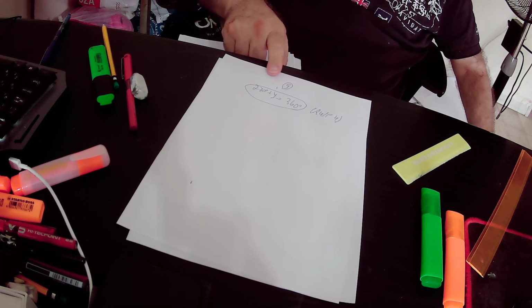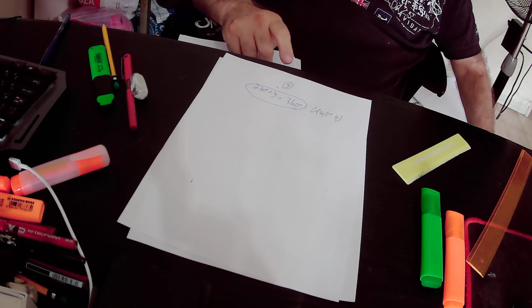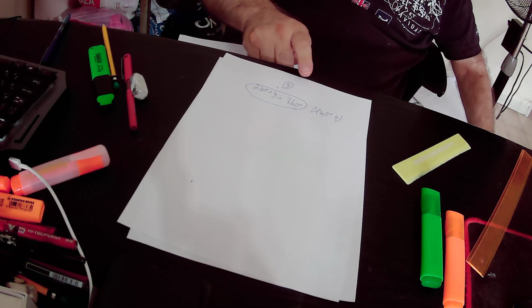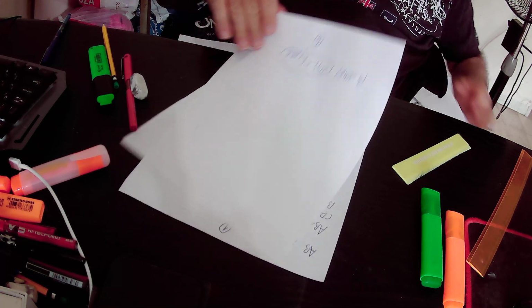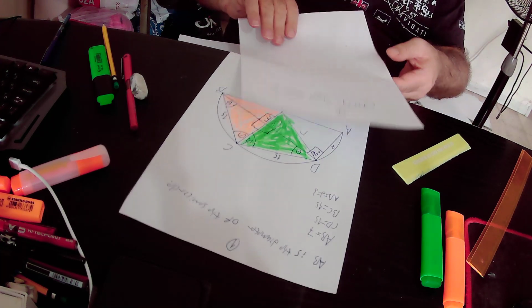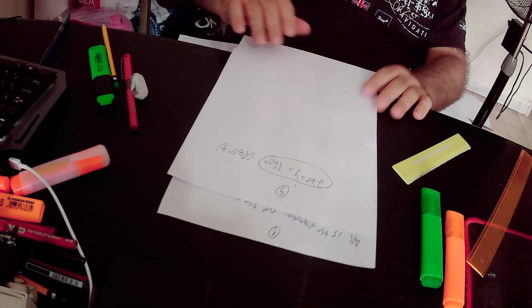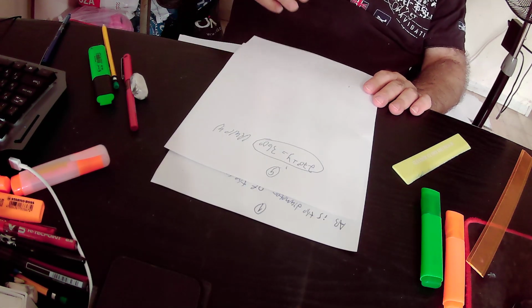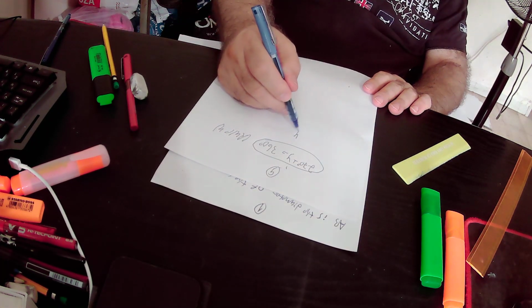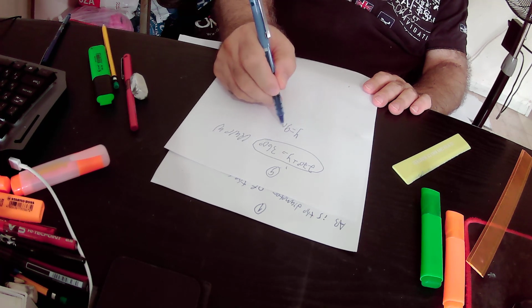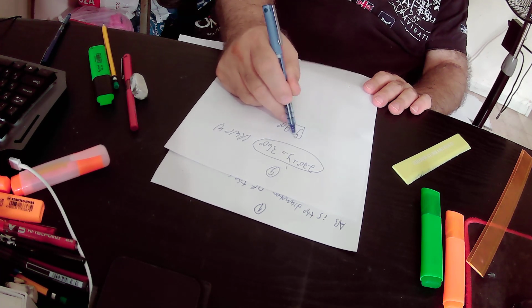So we can subtract 270 degrees from this equality, and we will get that Y equals 90 degrees. So angle Y is a right angle.